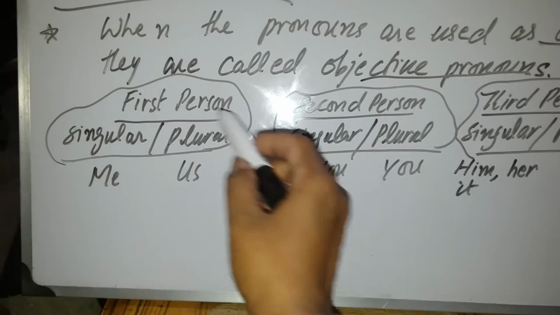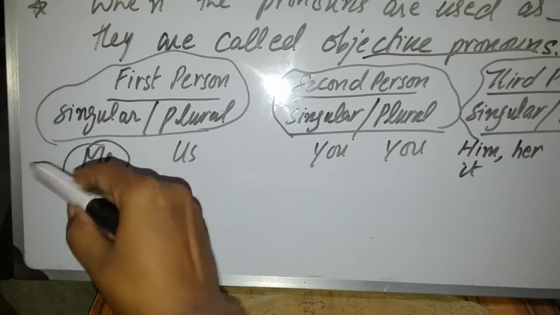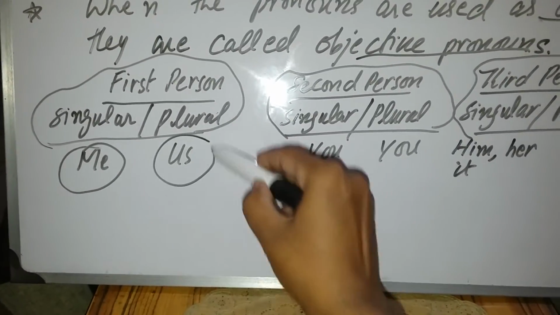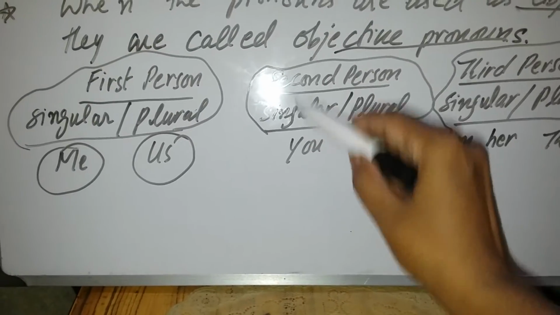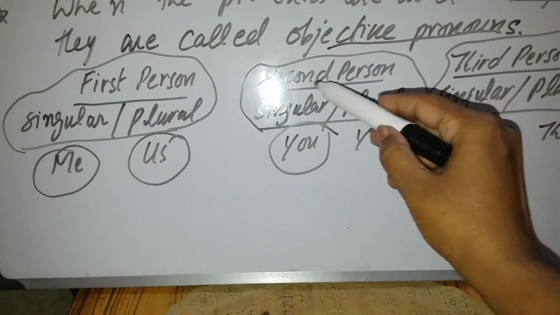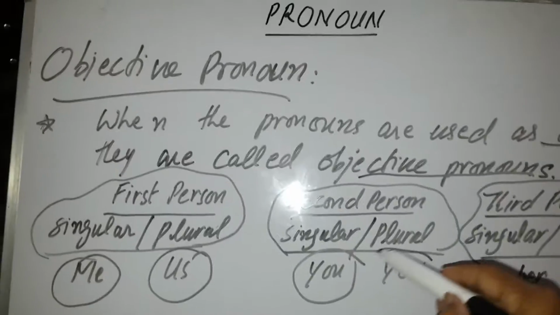First person singular objective pronoun is me. First person plural objective pronoun is us. Second person singular objective pronoun is you. Second person plural objective pronoun is you.